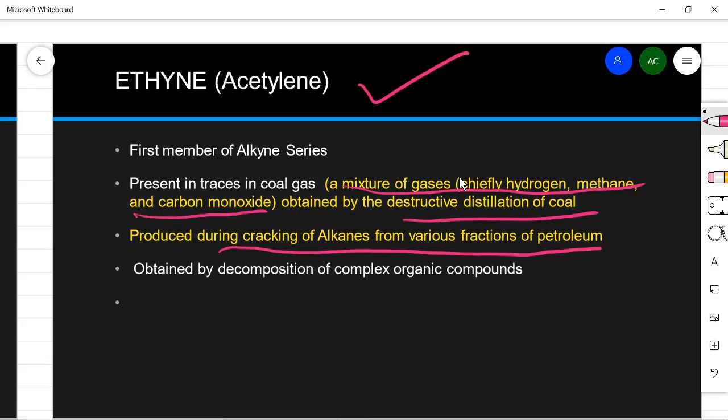Cracking is the process in which the heavy, bigger molecules of hydrocarbon break down into smaller or lighter molecules by means of heat or pressure or sometimes a catalyst. And it is also obtained by the decomposition of complex organic compounds, which are broken down to give ethyne.